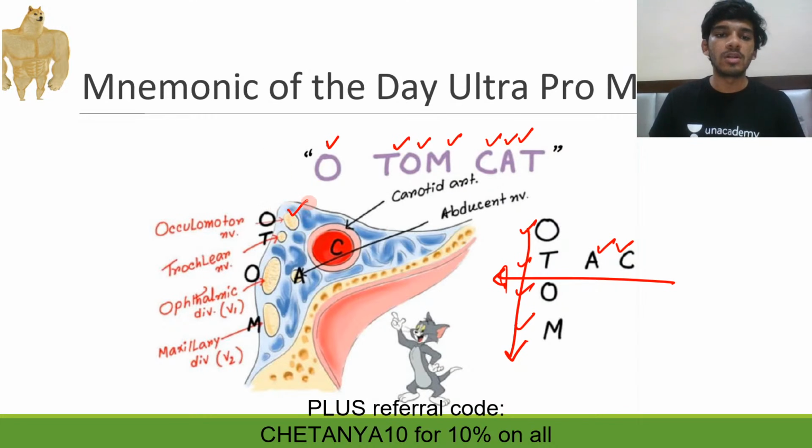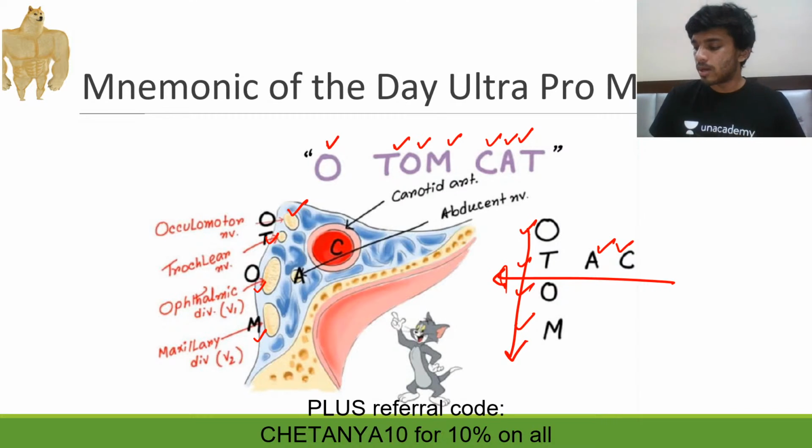So here you have the oculomotor nerve, the trochlear nerve, the ophthalmic division of the trigeminal nerve, and the maxillary division, right? In between you have the internal carotid artery running, and inside it you have the abducens nerve, right?